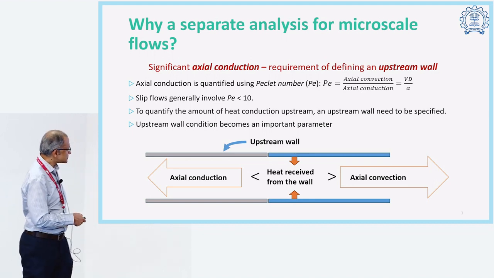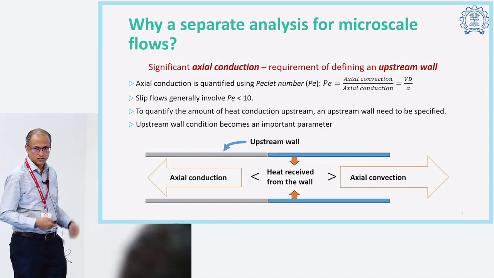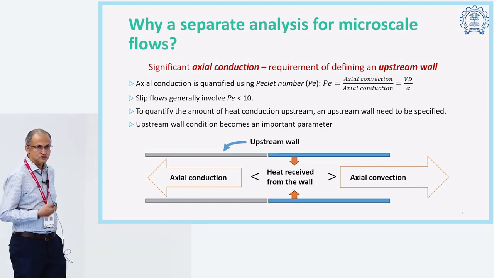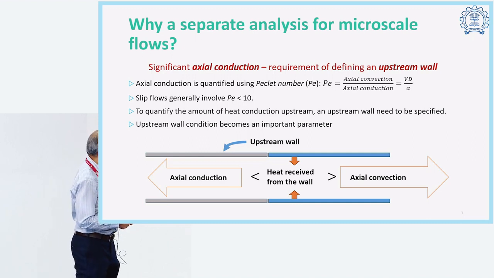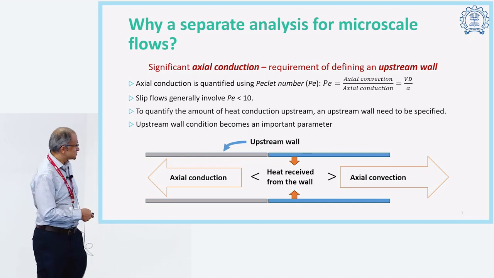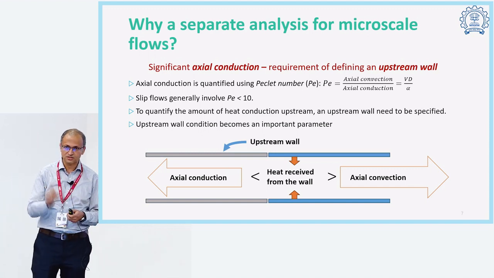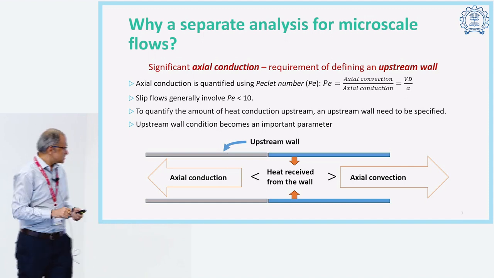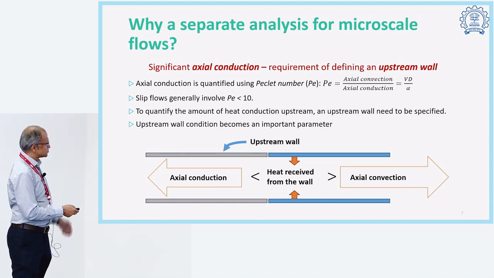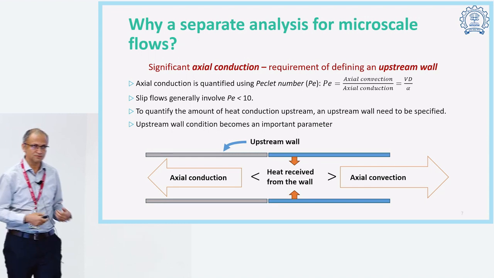And of course, the Peclet number is small because the Reynolds number is small, either because of the small length scale or because of the small density, if you're looking at rarefied gas flow problems. So that means that the second derivative of temperature with respect to x, if I'm just looking at that term in the equation, cannot be neglected anymore.